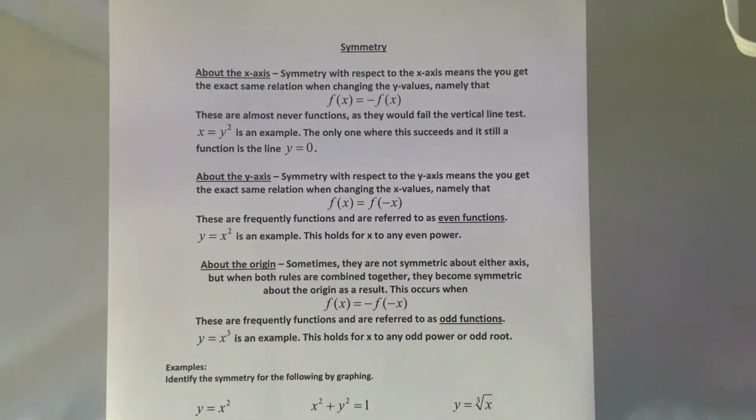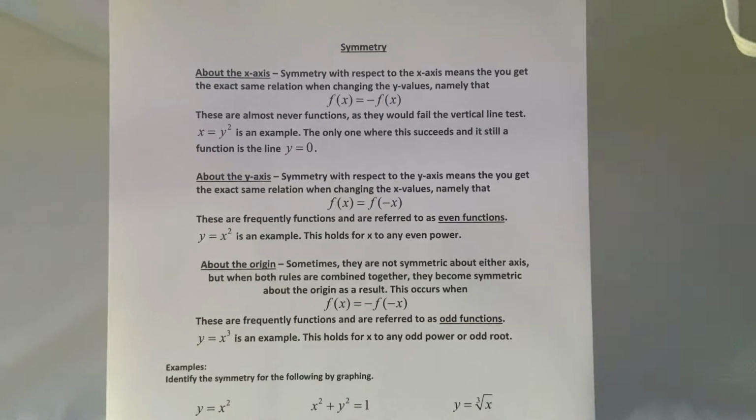Now because of all these types of reflection, we have a few types of symmetry. Symmetry about the x-axis means that when you reflect it across the x-axis, it's the same shape, which, as we said last time, is putting a negative in front of the whole function.